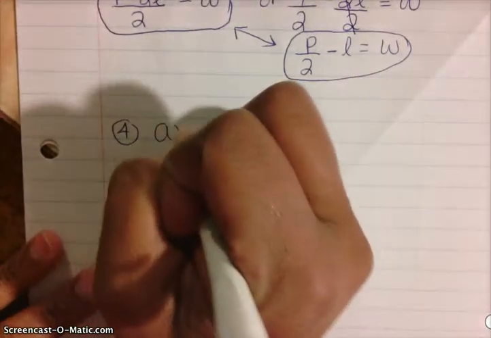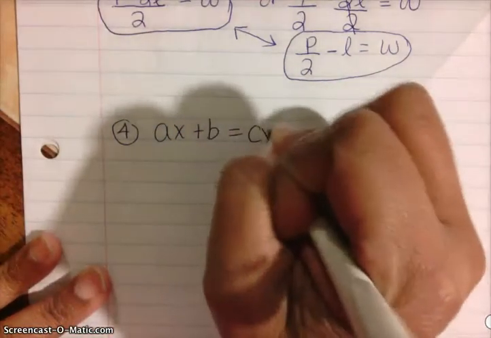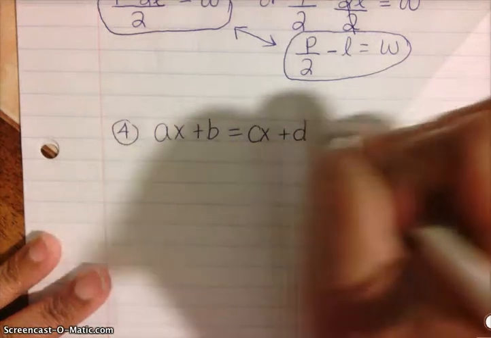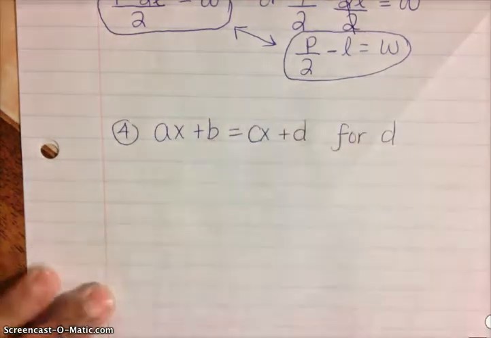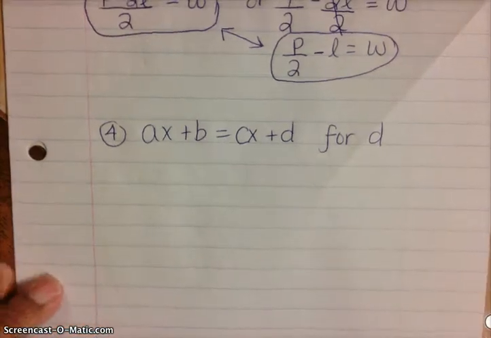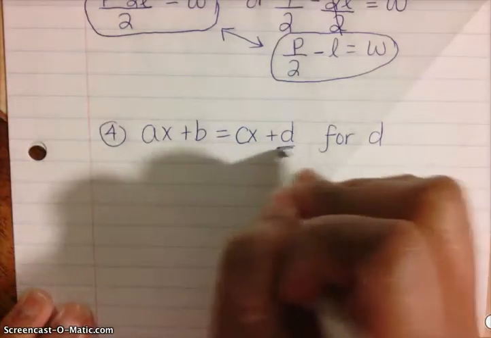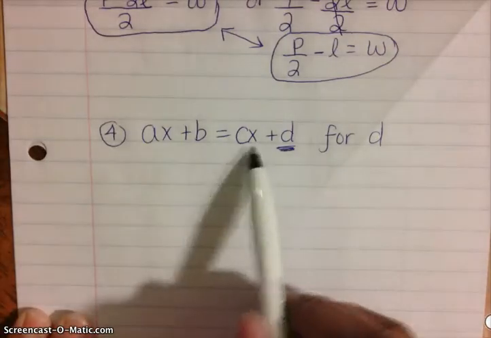All right, your fourth example is AX plus B equals CX plus D. And here we're going to solve for D. So, first thing we're going to do is locate the D. Here's the D. On the same side as the D is CX.